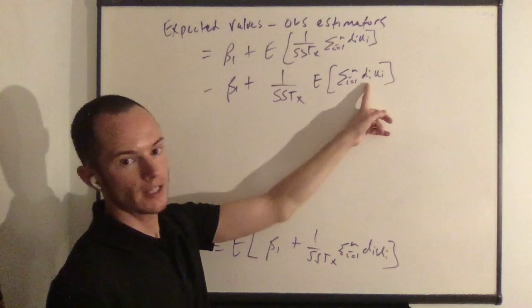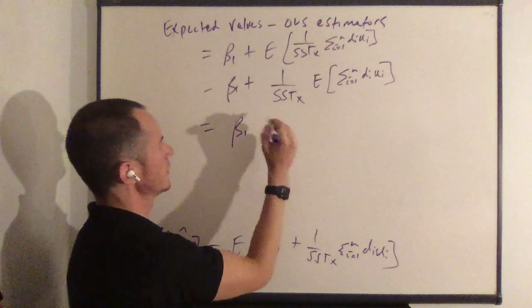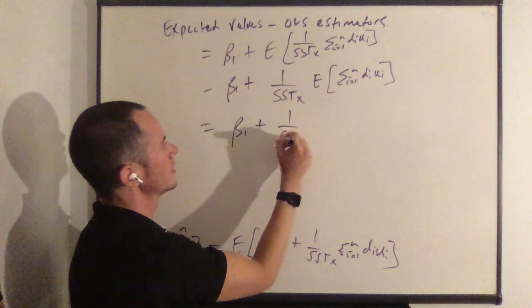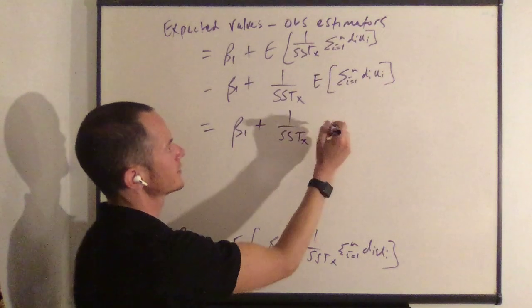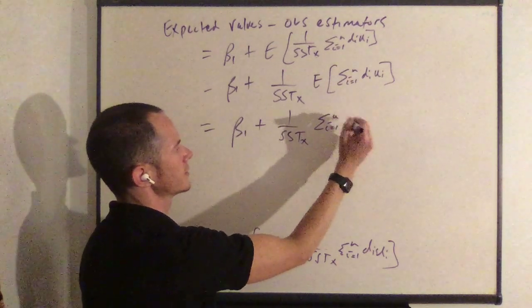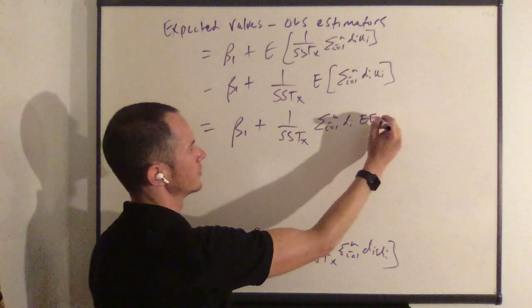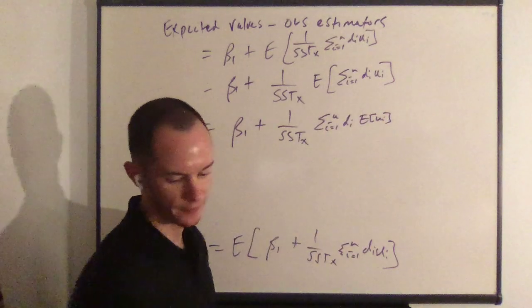It is not a random value, we're treating it as fixed, so we can pull it out of the expectation as 1 over SST of x times the sum from i equals 1 to n of di times the expected value of u. Alright.